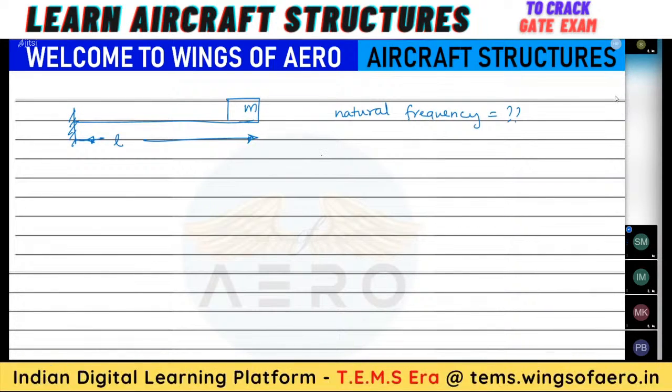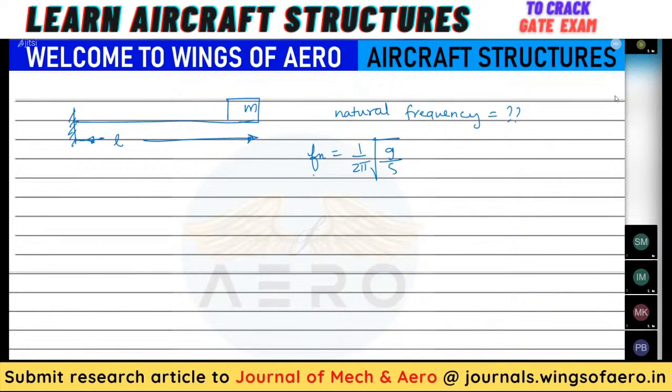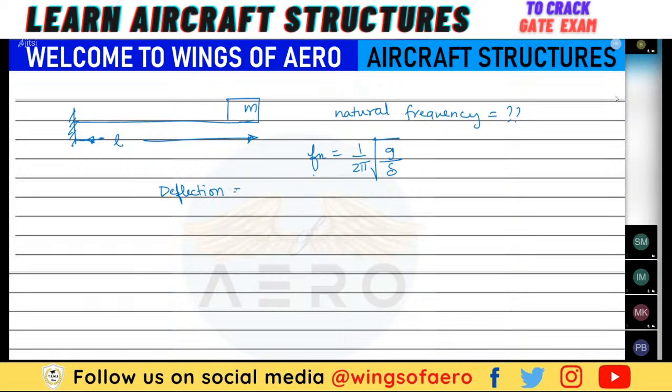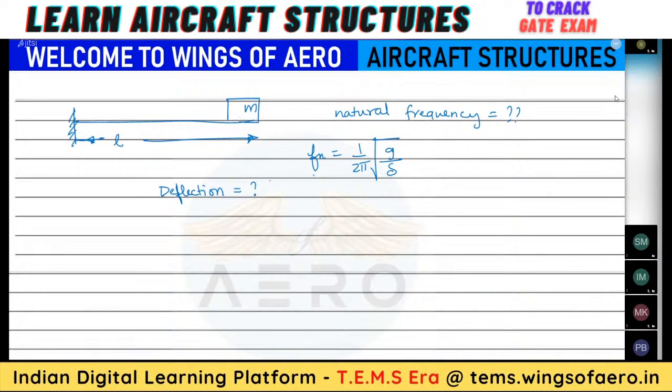Ma'am, under root g by delta. Very good. Yes, same concept you have to use. It is 1 by 2 pi root g by delta. Now what is deflection? First you need to know the deflection. Whose deflection will you find out here? It's a cantilever beam, and the load is acting at the free end.